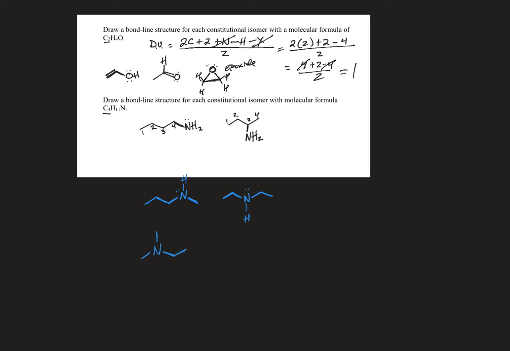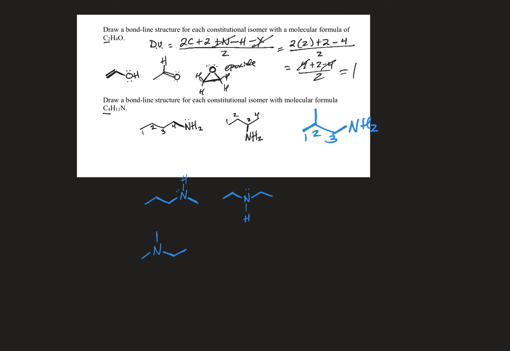I would say those are the easy ones because the alkyl groups are all unbranched. We could also make branched versions of those. So like 1, 2, and 3 carbons, and then we have that there, and then we could attach a nitrogen like that. We could also have 1, 2, and 3. Oh wait, no, actually that one.